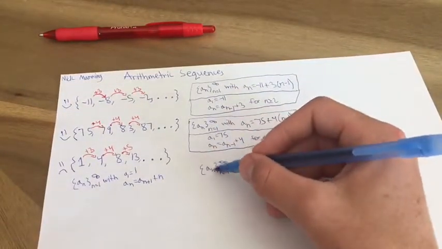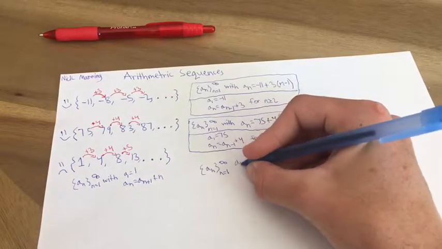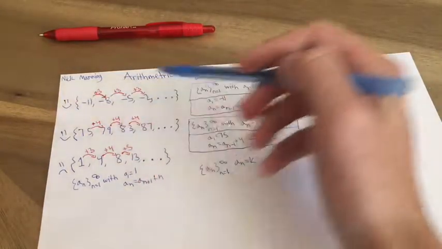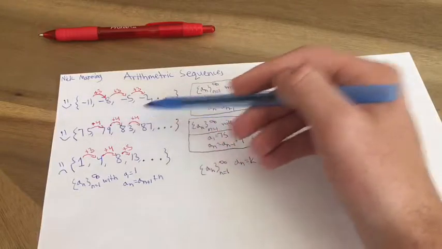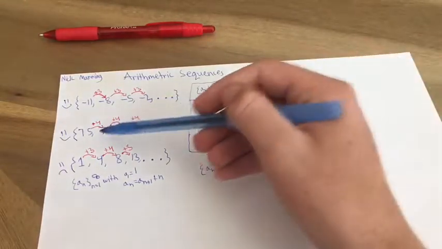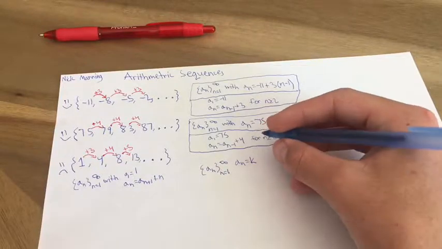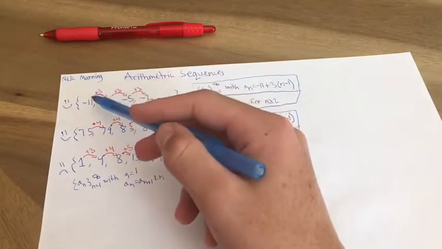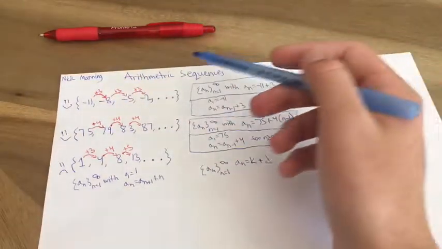So our same a sub n, and a sub n equals k, where k is our first value. So here k is negative 11 for that example. Here k is 75. So a sub n equals k plus d, which is our fixed amount that is increasing, which can be decreasing too.